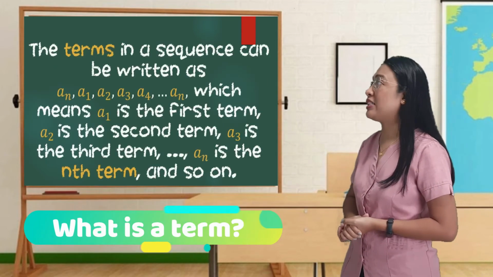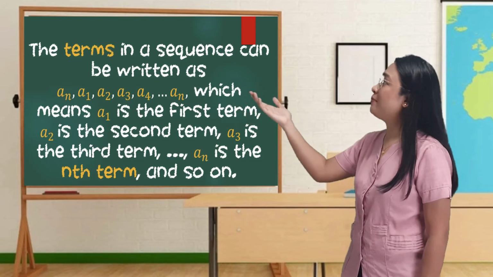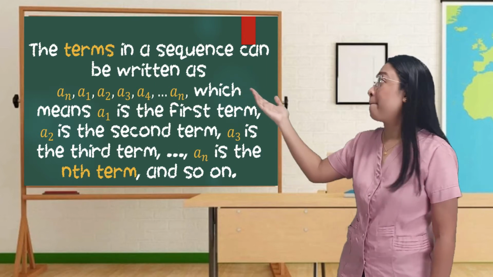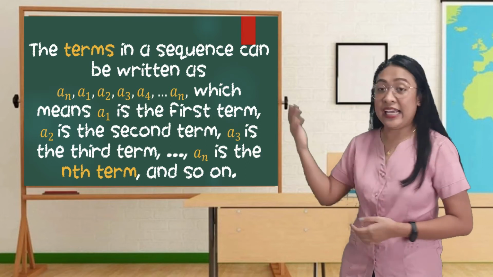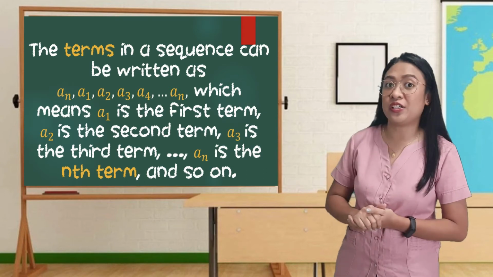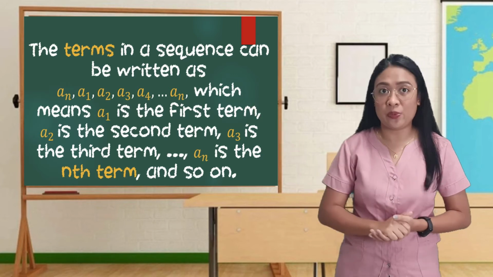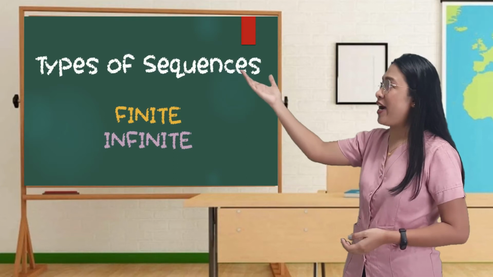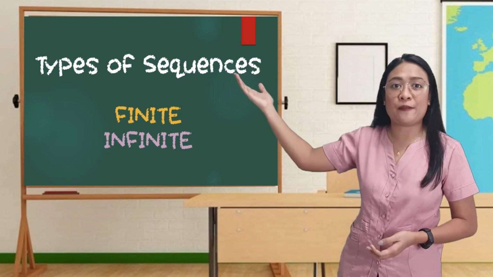The terms in a sequence can be written as a sub n: a sub 1, a sub 2, a sub 3, a sub 4, a sub n, which means a sub 1 is the first term, a sub 2 is the second term, a sub 3 is the third term, and a sub n is the nth term, and so on. Now, sequences are classified into two types, finite and infinite.